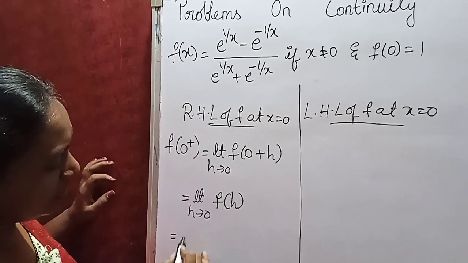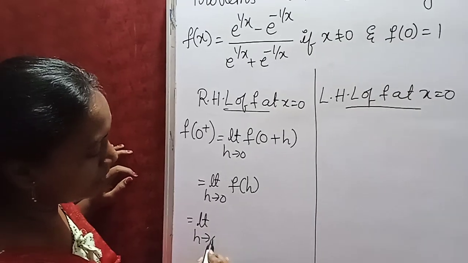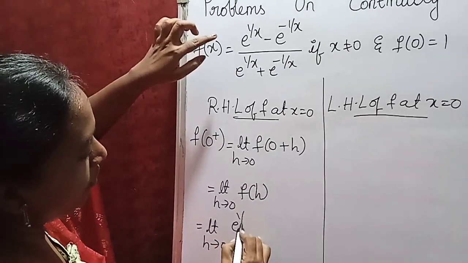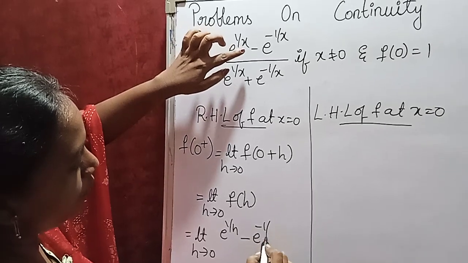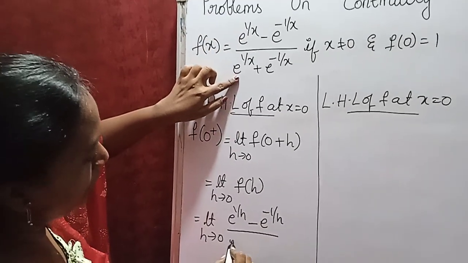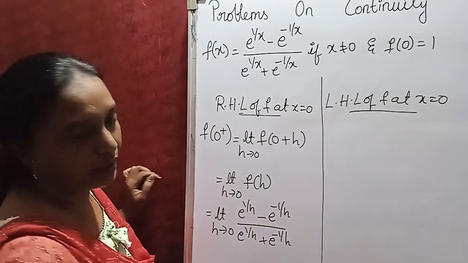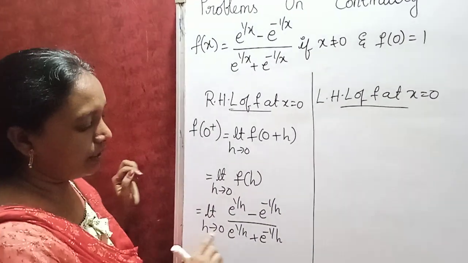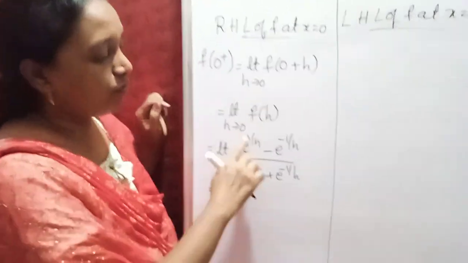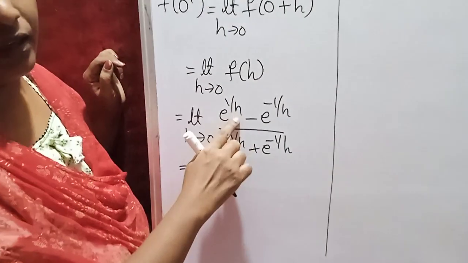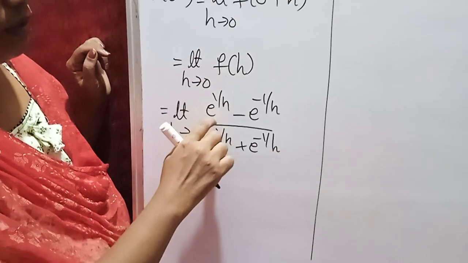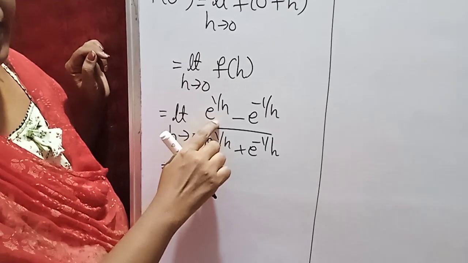That is equal to limit h tends to 0 e power 1 by h minus e power minus 1 by h, by e power 1 by h plus e power minus 1 by h. Since here h tends to 0, 1 by h tends to infinity. So, we cannot find the value of e power 1 by h.